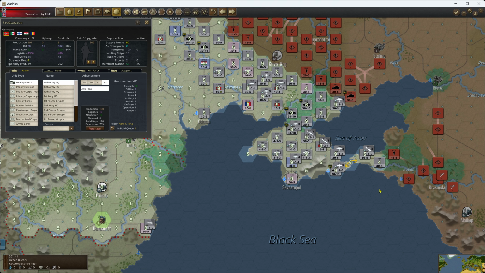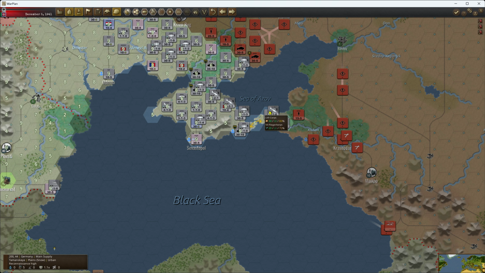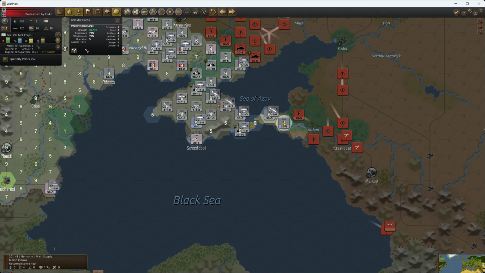Shoot. Okay, now I'm going to try this one last time. Oh, I have to close this. So he only has 5 operations points, see right there. And he can go into there.